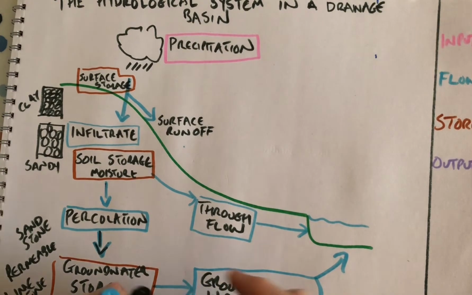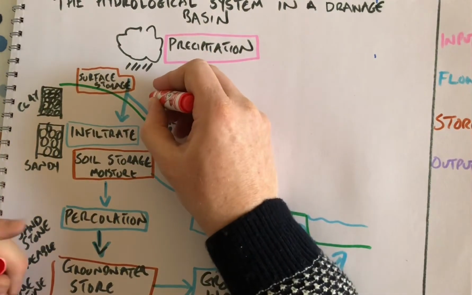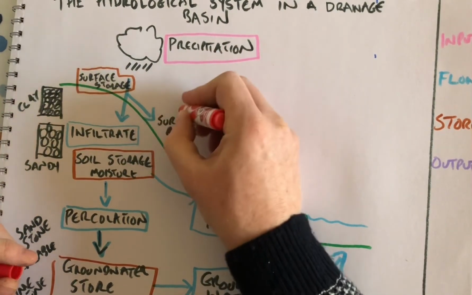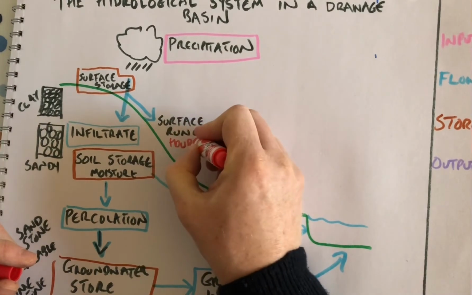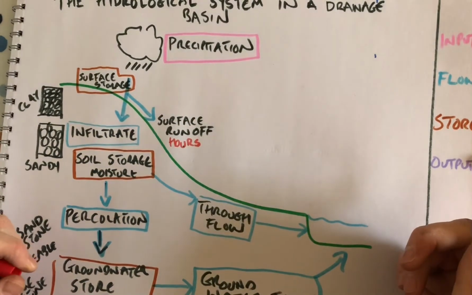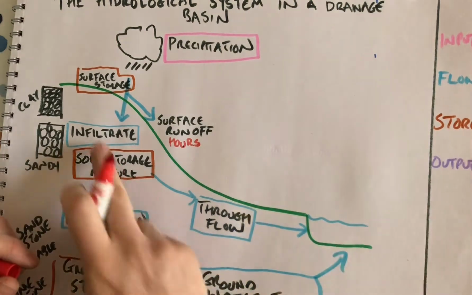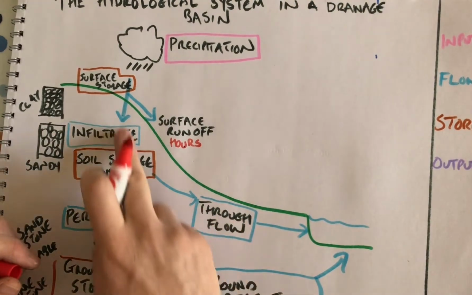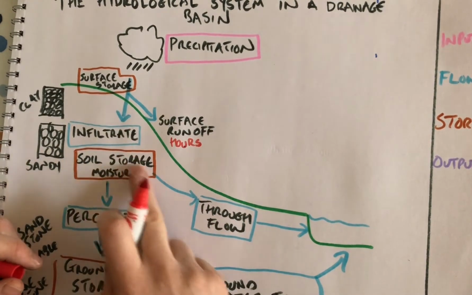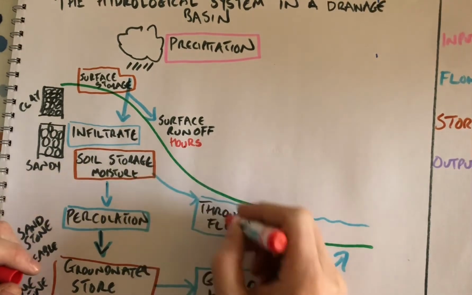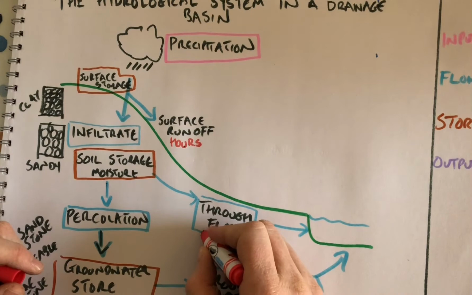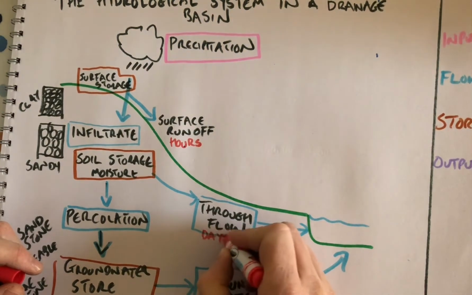Now, just to stop at this point and say that, with the first one, the surface runoff, we're really talking about a timescale of hours. For this route, where it infiltrates into soil, is stored in the ground, flows through the soil, and eventually ends up in the river, we're really talking days to weeks.